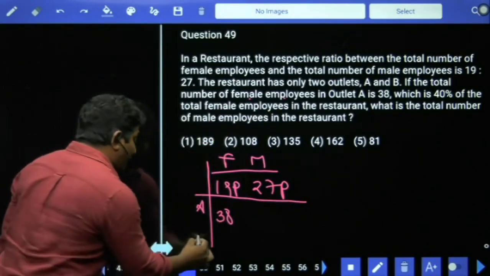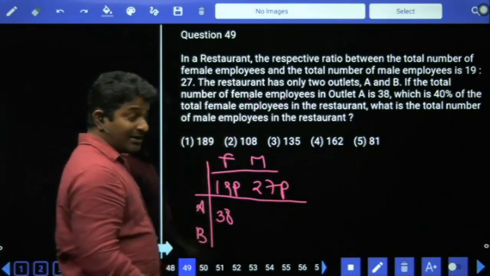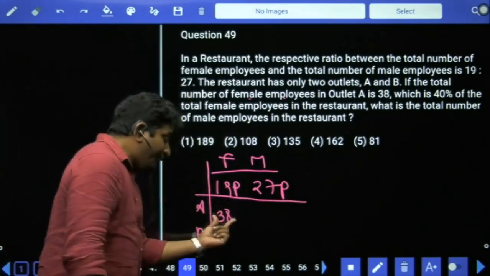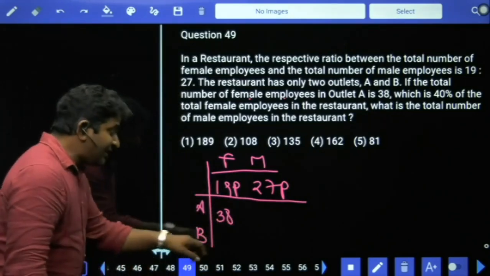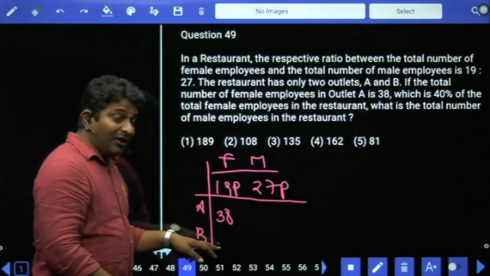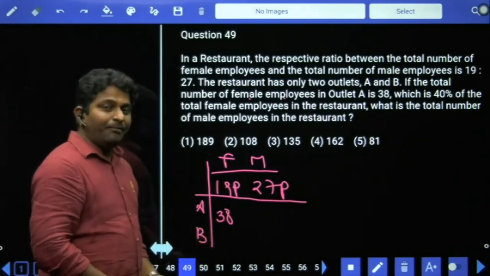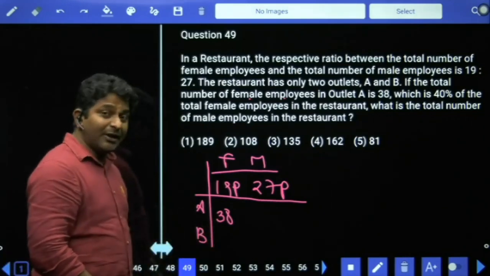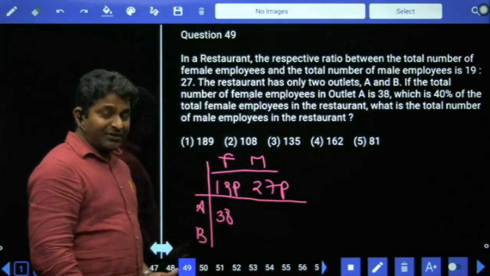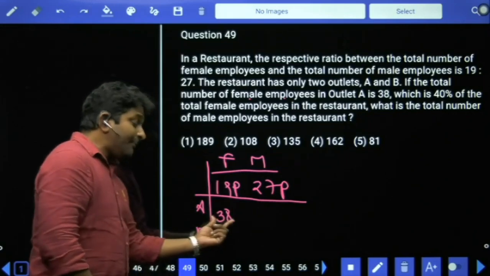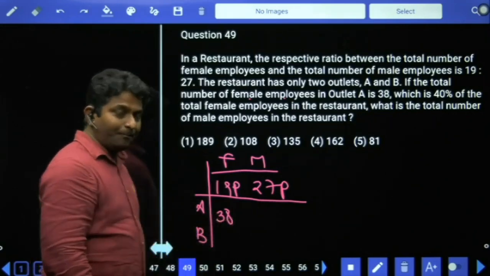Out of total female employees, if 40% is 38, then in restaurant B, the remaining 60% must be there.